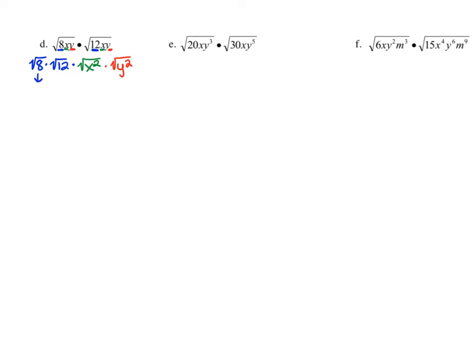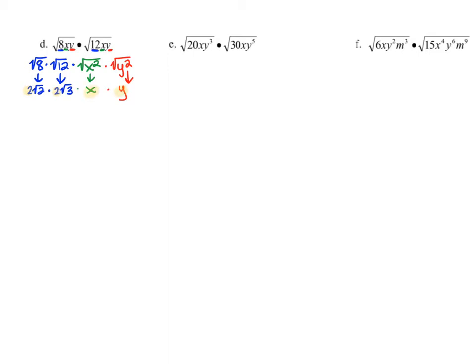So the square root of 8, that would be 4 times 2, which would simplify to 2 root 2. And then 12 would be 4 times 3, so that would simplify to 2 root 3. Then the x squared just simplifies to x, and the y squared simplifies to y. So now we take anything that's not under the radical and bring it to the front.